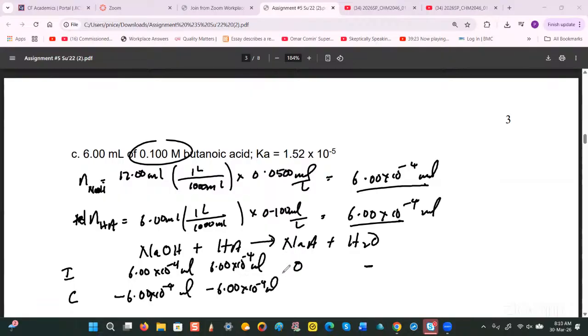And then for the sodium butanoate, the change will be plus 6.00 times 10 to the minus 4 moles. All right? So at the end of the reaction, you're going to have none of this, and the only thing that will remain would be 6.00 times 10 to the minus 4 moles of the sodium salt of butanoic acid.